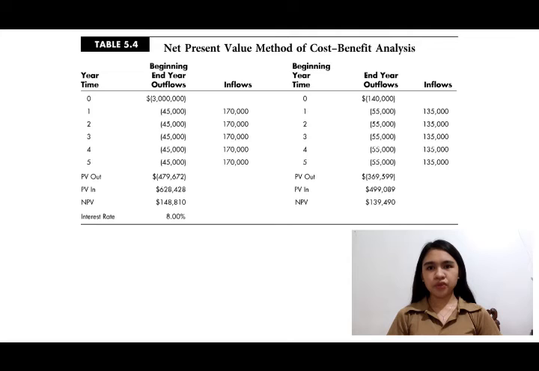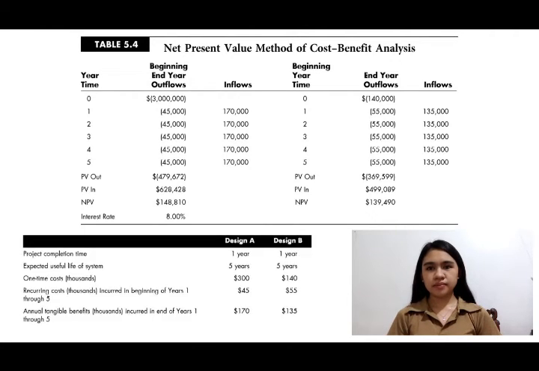Table 5.4 illustrates the net present value method by comparing two competing designs. The example is based on the following data.